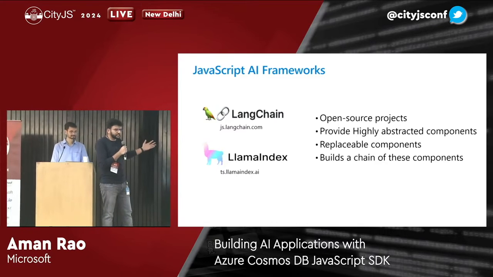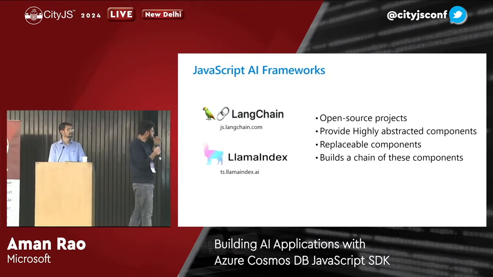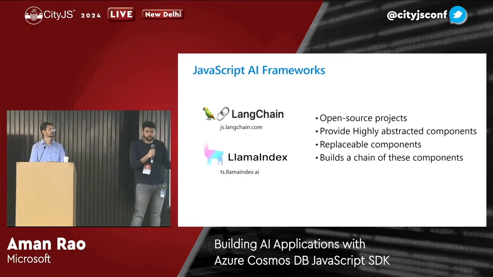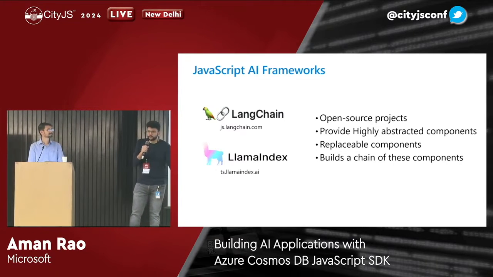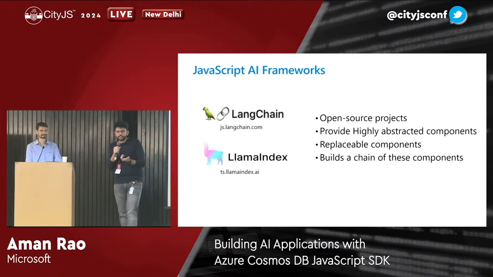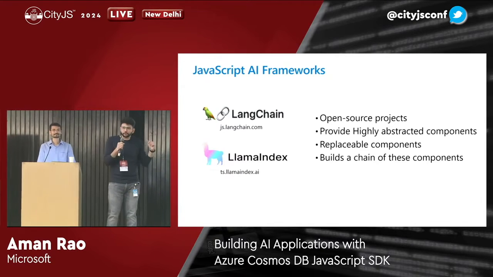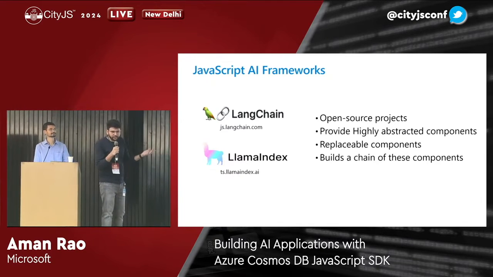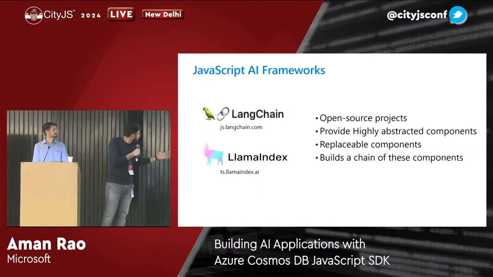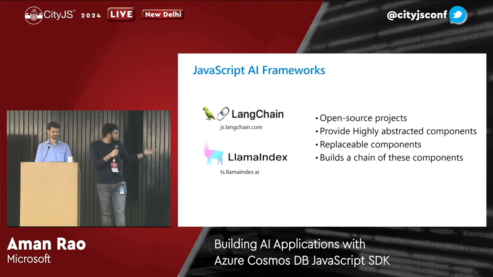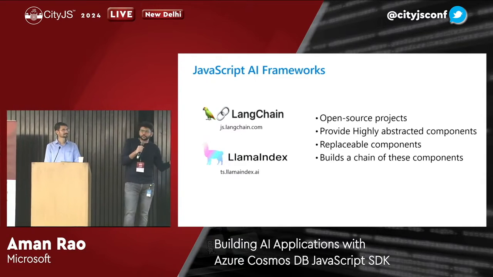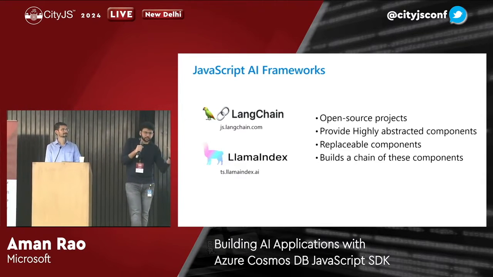The benefit that they provide is very highly abstracted components. What are the things that you require to build such an AI application? You require chat models, embedding models, vector store, data store, and all these things, right? The benefit of these platforms is that they provide a very high-level abstraction on top of them. It's mostly like plug and play.